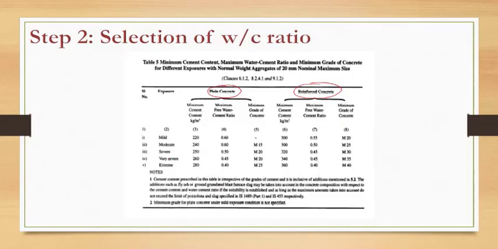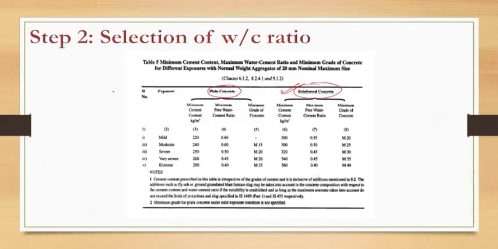So corresponding to these two values, we can obtain the maximum free water cement ratio and also the minimum cement content. Now, if it is not mentioned in the question that it is plain concrete, then we will always consider that we have used reinforced concrete.